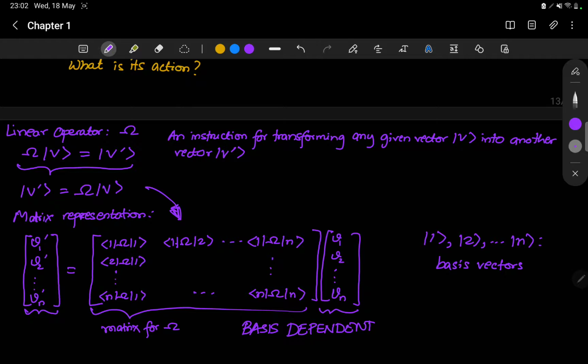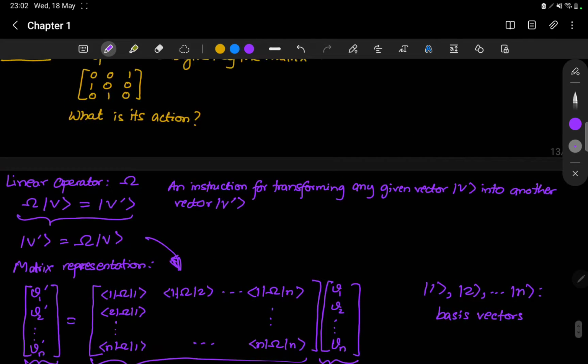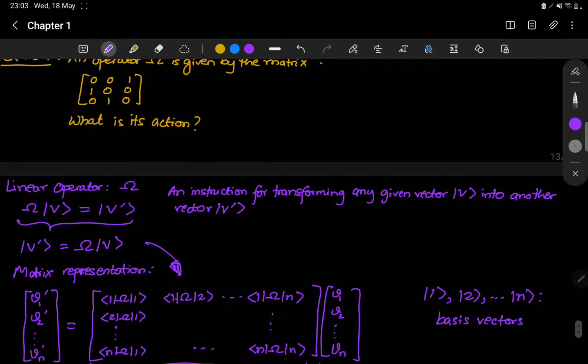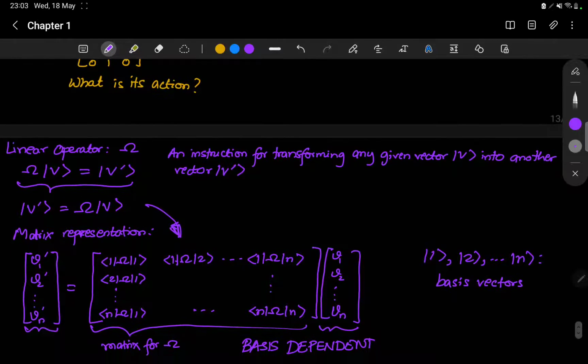So let us now come to our question. In order to find the action of an operator, we need to operate this omega on each of the basis vectors.